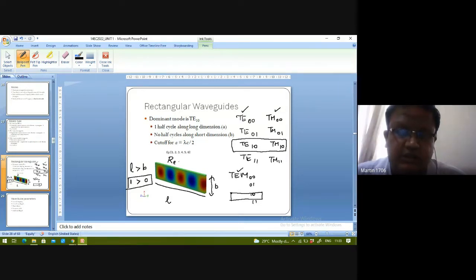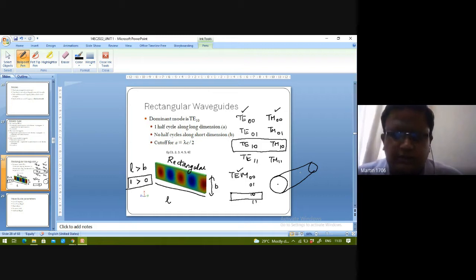If I say my waveguide structure is a circle, can anyone tell which mode will be satisfied for that?